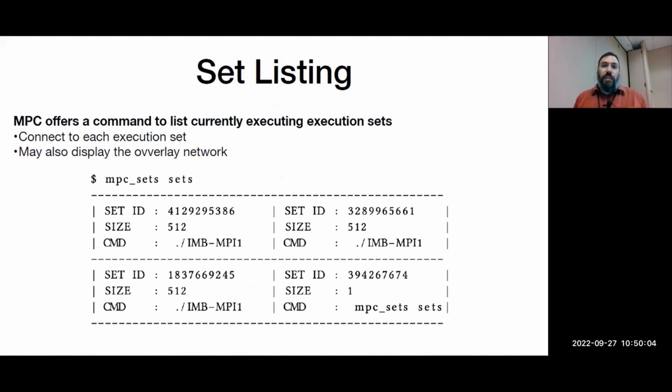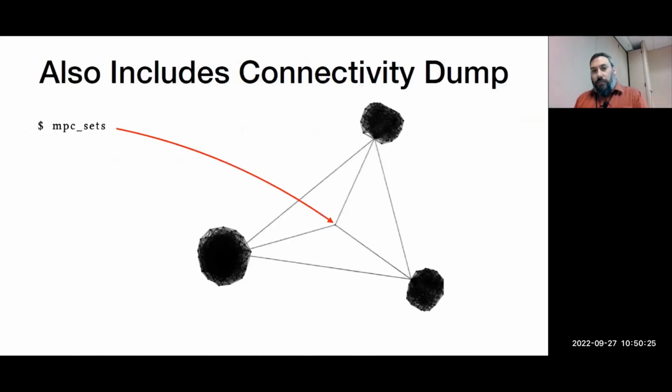Also in MPC, we implemented a command, MPC sets, that will allow you, when you launch it, to identify all the sets that are running. So you will see all the jobs with their graphs, and it tells you what command was launched within that graph, and what the size of this graph is.